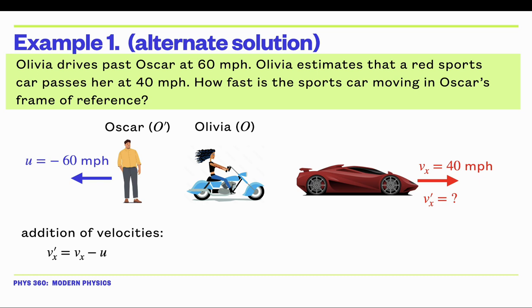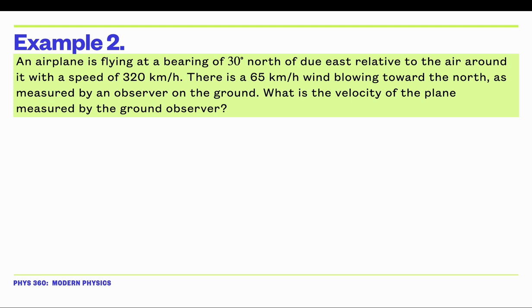Vx prime equals Vx minus u. Vx is 40 miles per hour. u, though, is negative 60. So we have 40 minus a negative 60, which is 100, as it should be. So Oscar still sees the red car going 100 miles per hour, but the math is just slightly different when we switch the frames of reference. All right, let's look at a second example.